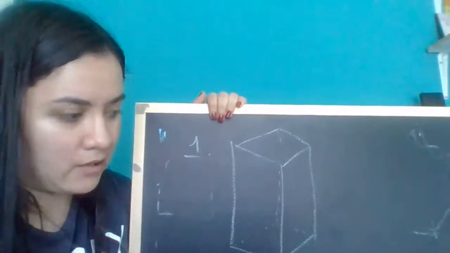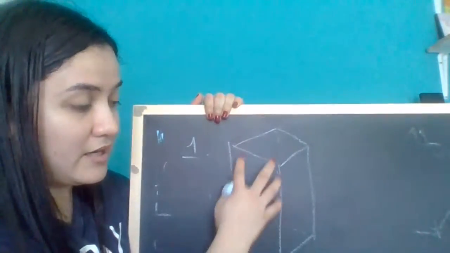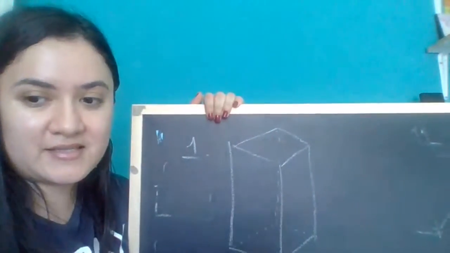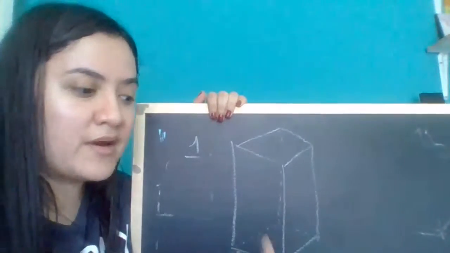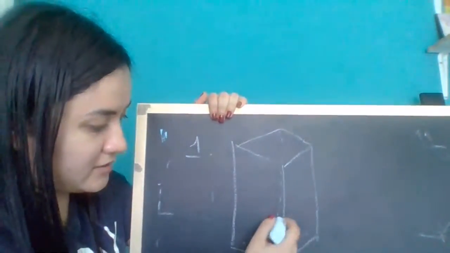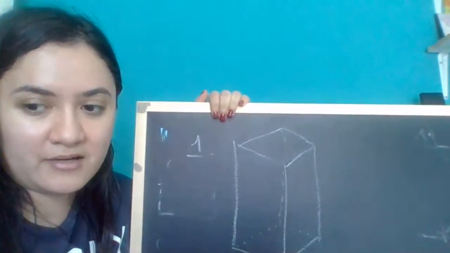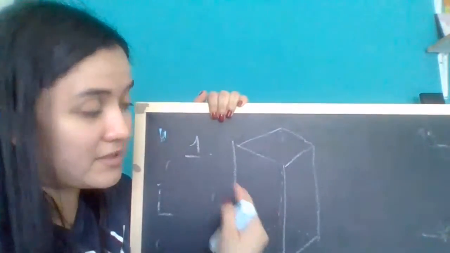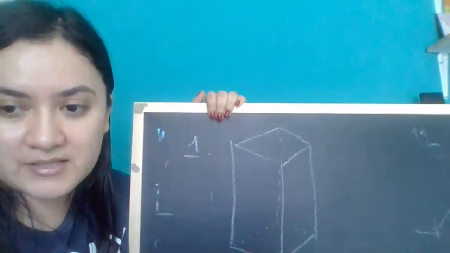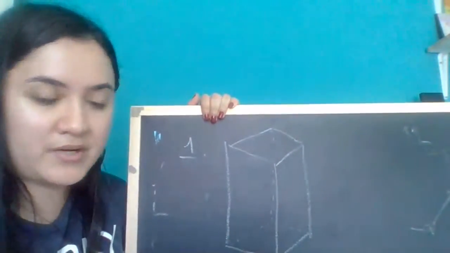So it's a rectangle, very good. But what type of rectangle is it? It has space inside. So it's a rectangular prism, very good.